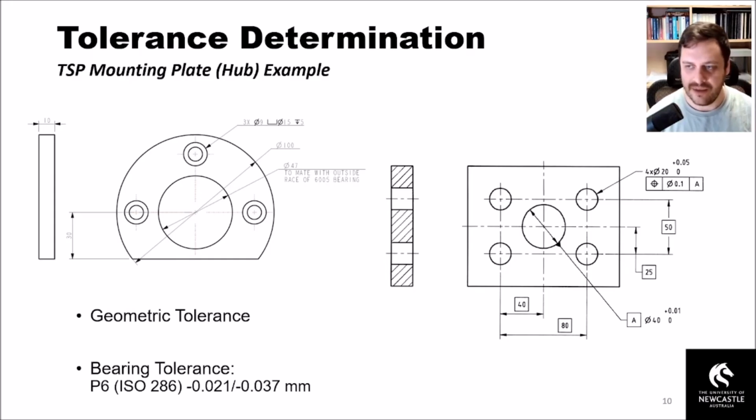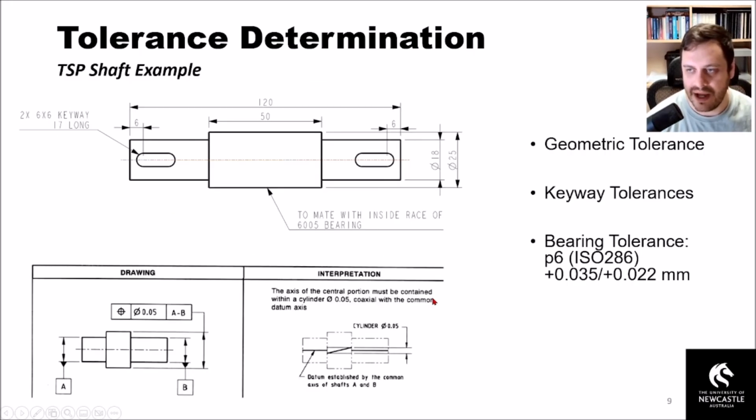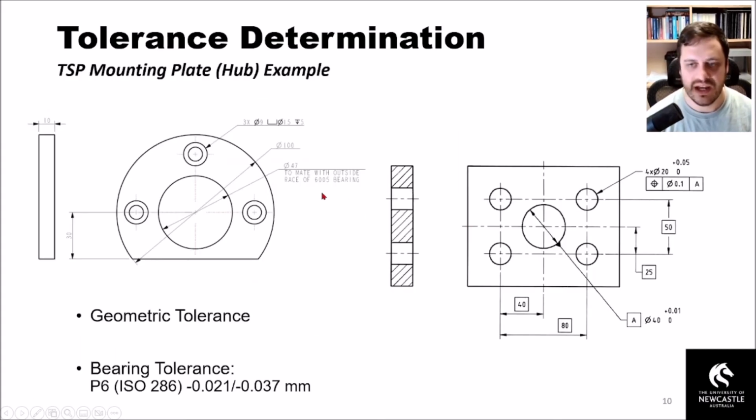I'll assume that from the first example that we had, you'll be able to work through this one. Just to recap, we went through before with the diameter 25 plus 0.035 and then directly underneath it the tolerance plus 0.022. In this case, we'd be looking at diameter 47 minus 0.021 and then directly under it minus 0.037.